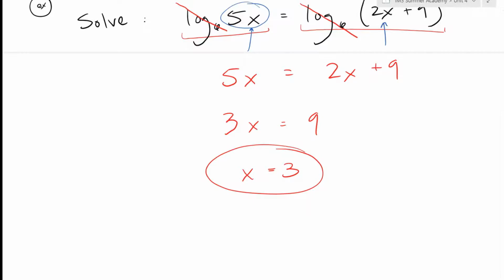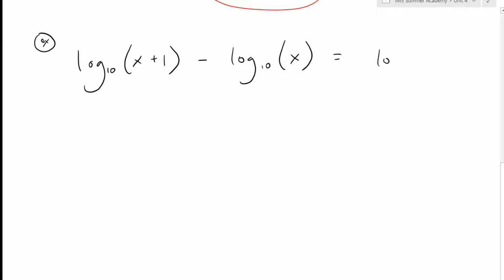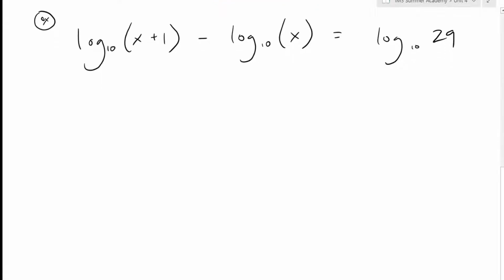Another one, we want to solve it. Let's say they gave us log base 10 of x plus 1 minus log base 10 of x equals log base 10 of 29. So let's see what type of problem we have.